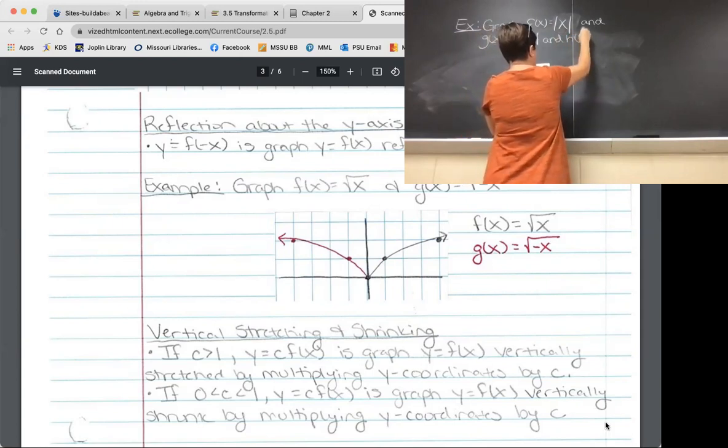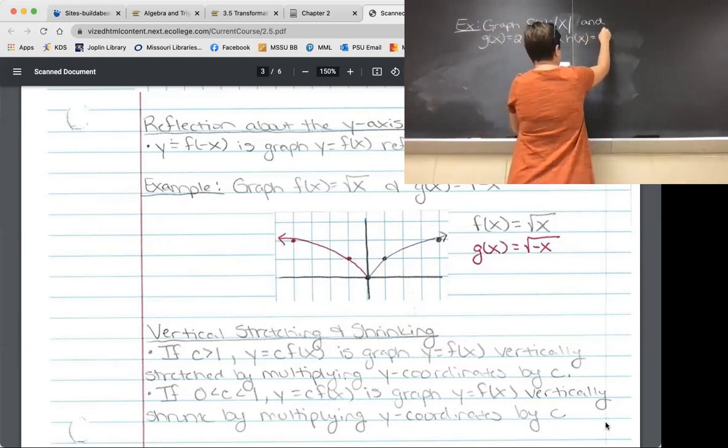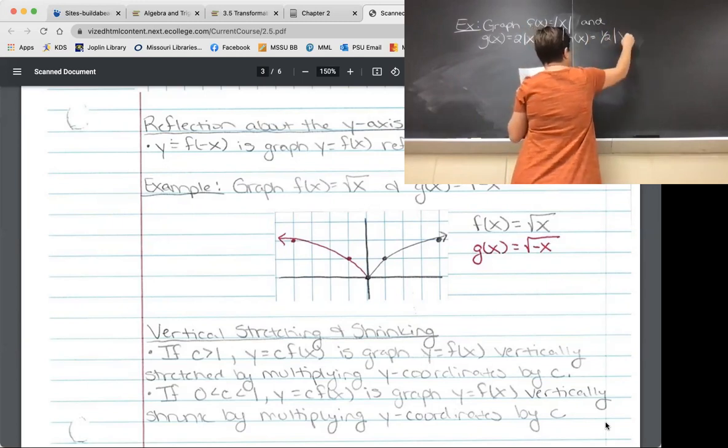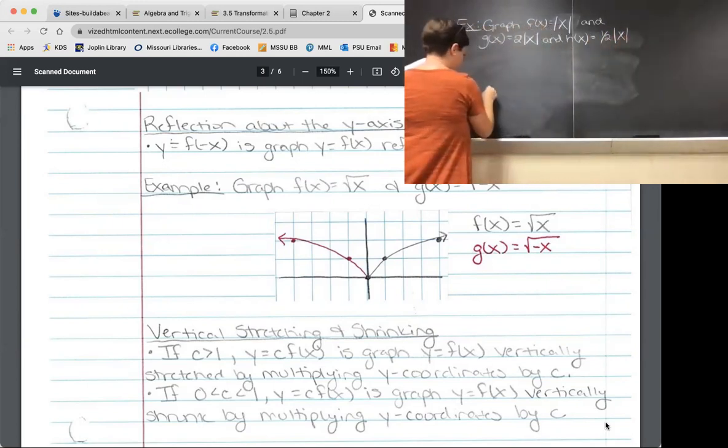So we're actually going to do both so that you can see how this works. We're going to do a stretching and a shrinking, all on the same graph as the original.